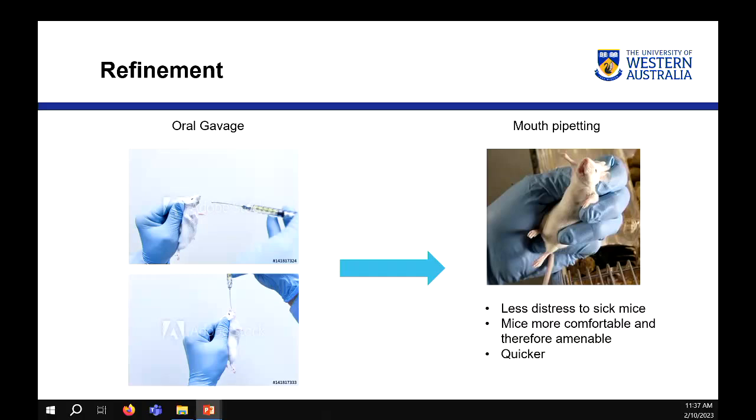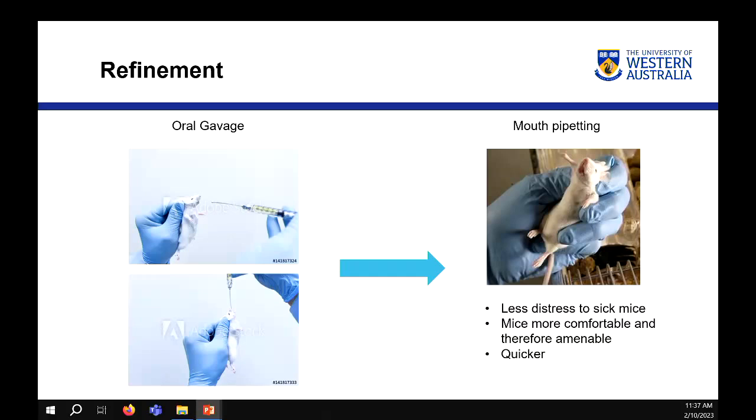And we found this was fine for the animals that weren't sick, but for the animals that were sick, it was giving them a lot of bother. So we refined it by using mouth pipetting. We mixed in a bit of sugar with their doxycycline, and this is what I mean about refinement.